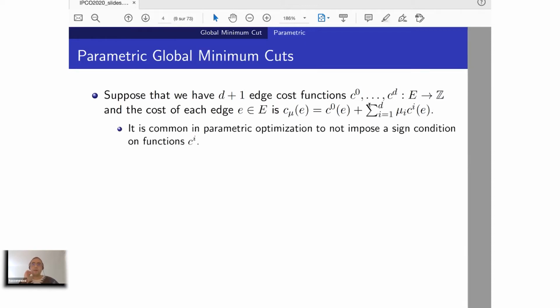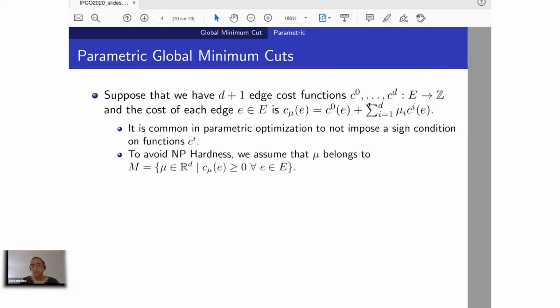It is common in parametric optimization not to impose that all the cost functions ci be non-negative, because in some contexts, some property may improve by increasing the mu i value, and some other property may decrease. So in general, we have unrestricted-in-sign edge cost functions ci.